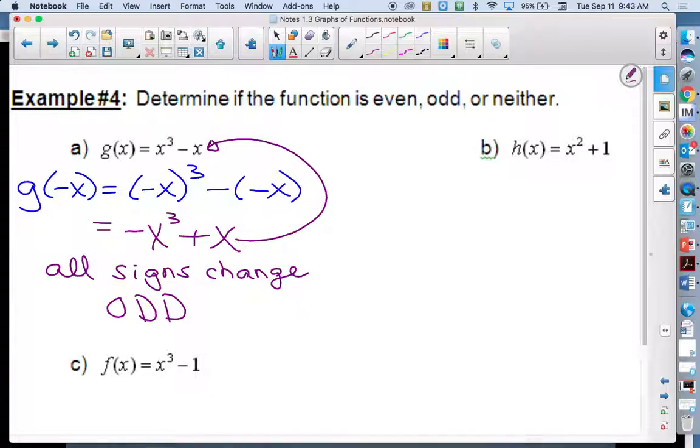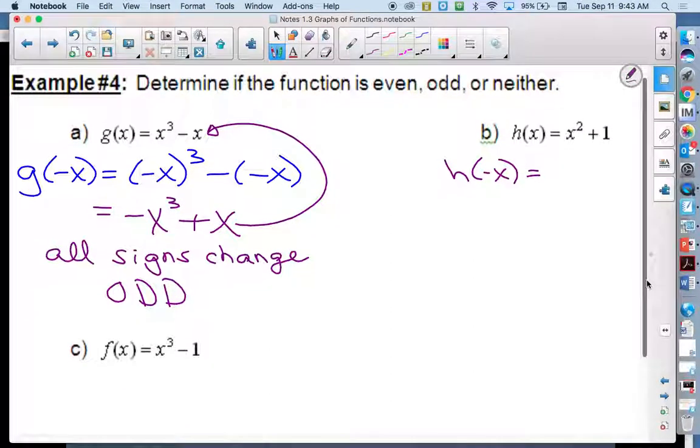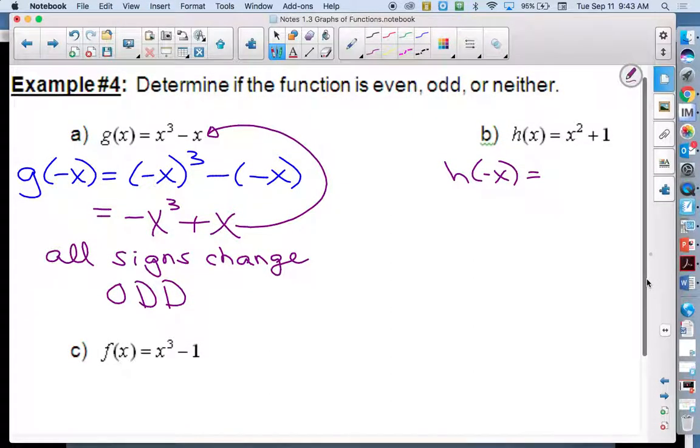Couldn't you potentially find that it's odd just by the fact that the power it's raised to is odd, and the powers of even functions are even? Not necessarily, because if it doesn't go through the origin, it's not going to have origin symmetry. If it doesn't cut the y-axis in half, it's not an even function.